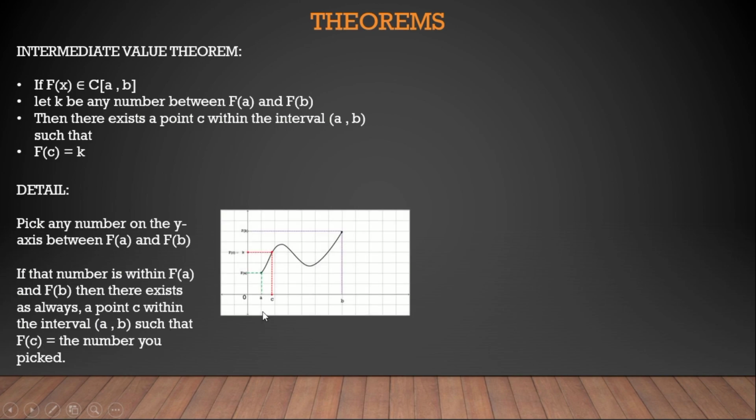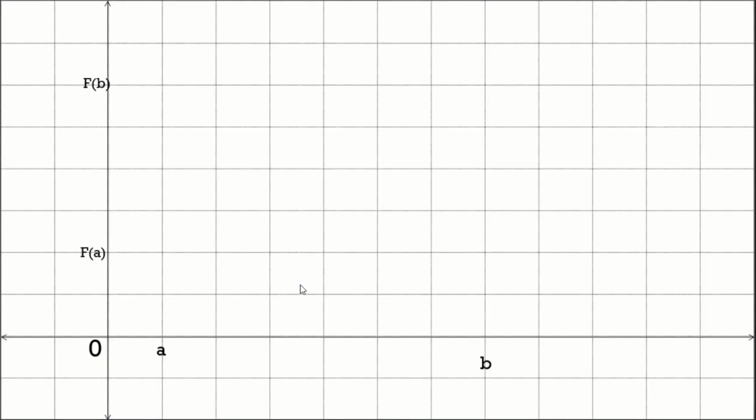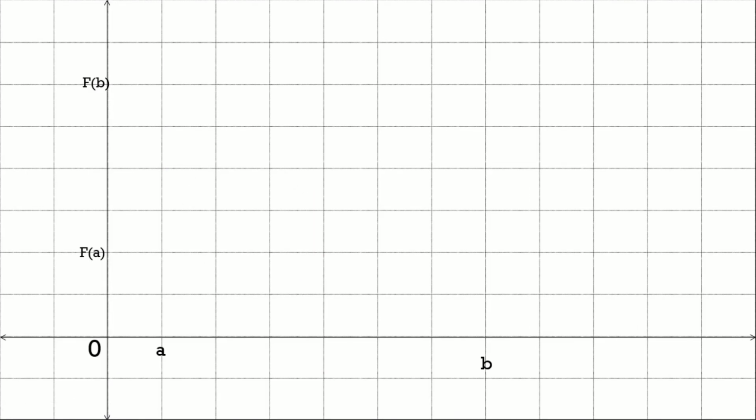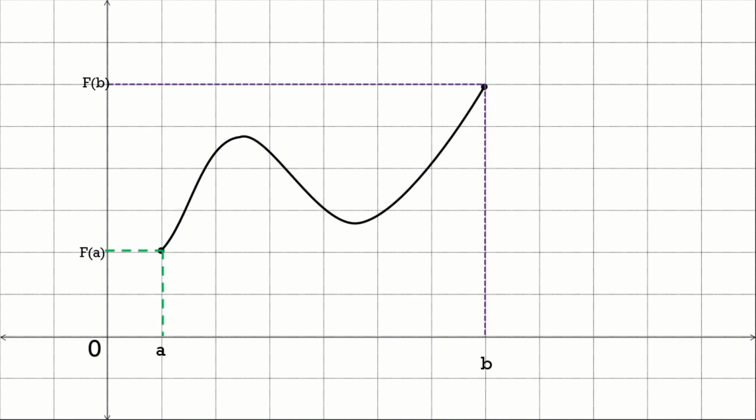Let me show you. So we have this type of graph here, right? And then we have this graph going in that type of way. And then we have f of a, and then we have f of b. So if we were to pick any arbitrary value k between f of a and f of b, right, then there exists a point c within this interval here such that f of c is equal to that actual value itself.